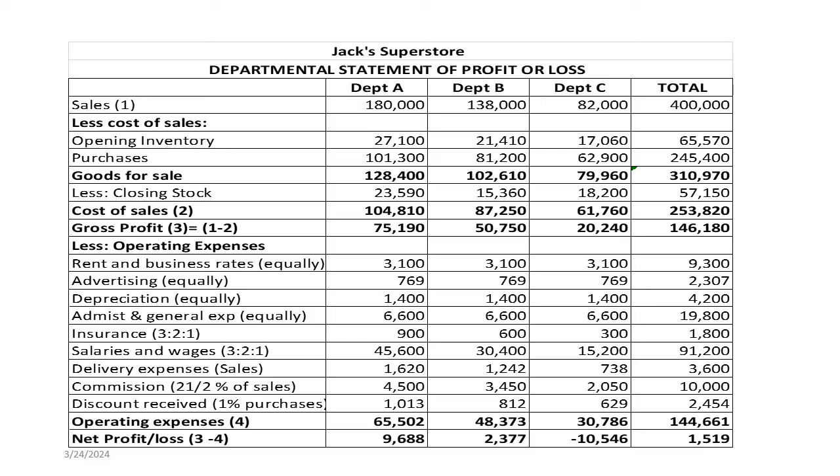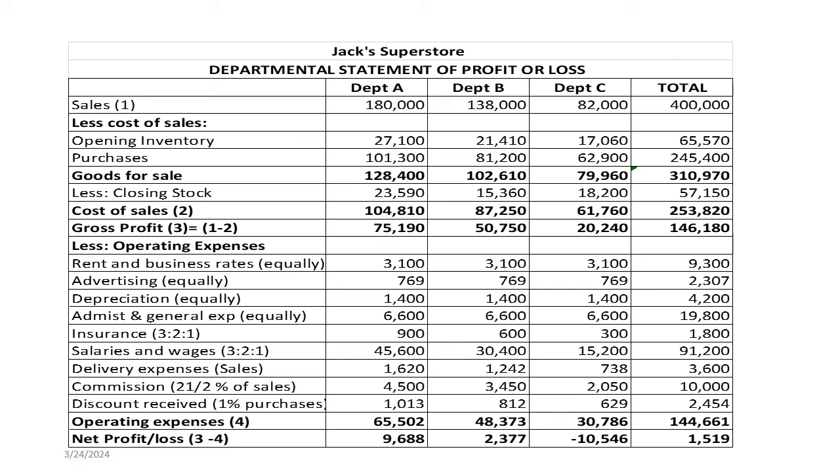But the commission, we have been told that this is only 2.5% of sales. The total commission is 10,000, but 2.5% of the sales of Department A, if you take 2.5% of 180,000, you will get 4,500.